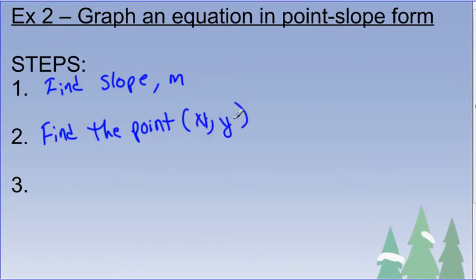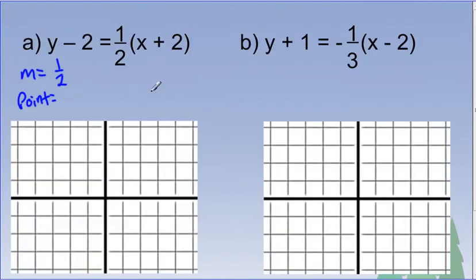Call it x1, y1. So the point, x value, y value. Now, here's the trick. You are not going to just put 2 and 2. You've got to pay attention to the sign. If you remember the original equation, it's y minus y1 equals m(x minus x1).